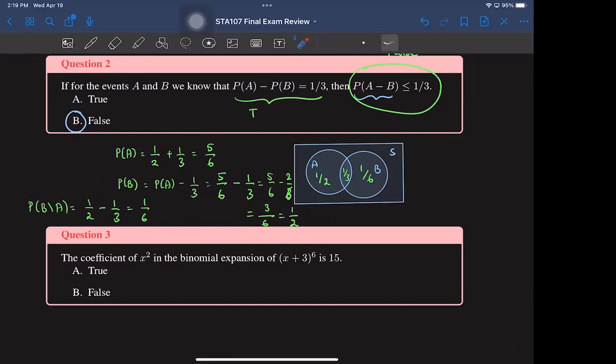I see someone say it is false. Do you mind giving an explanation as well? You can type in the chat.